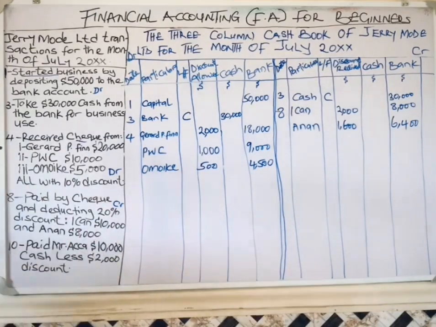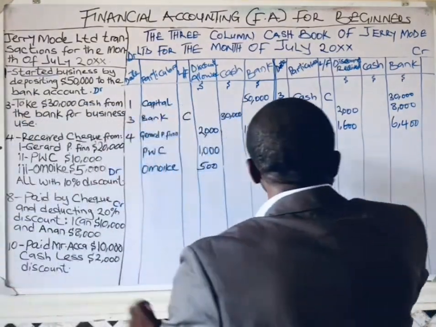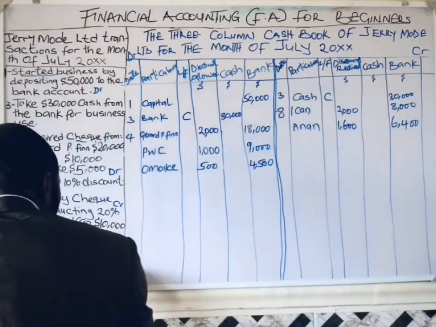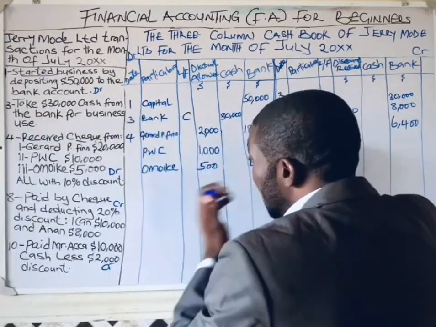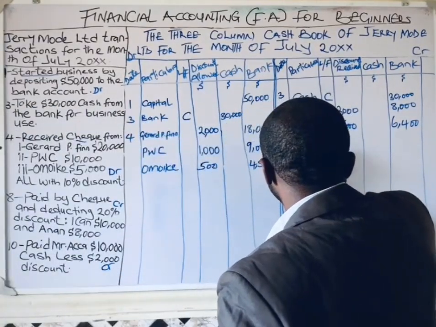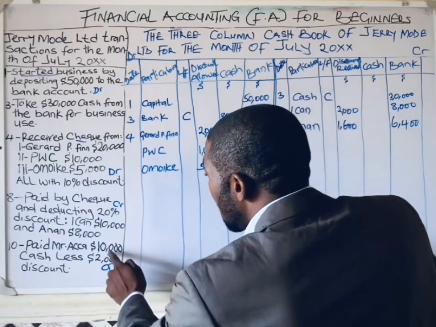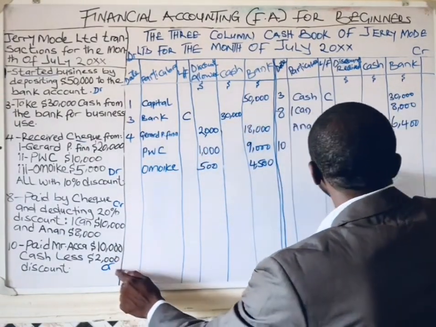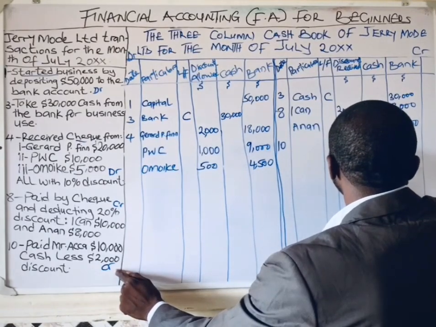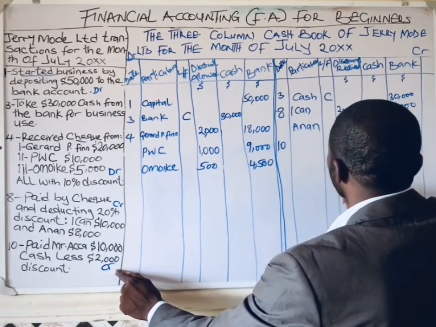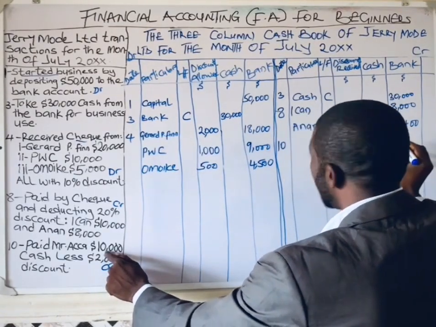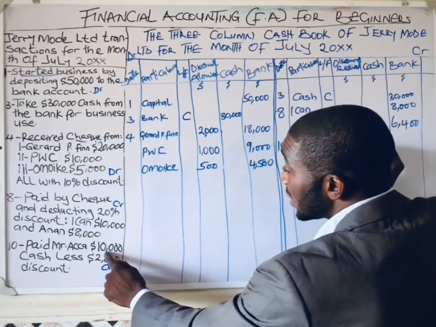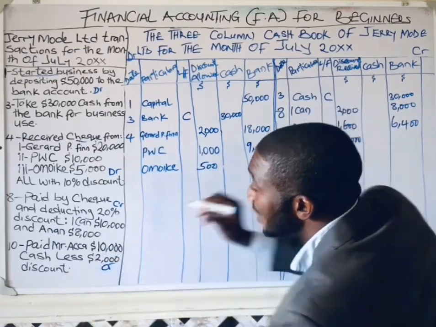You will say we are paying, so it's credit. This is a credit transaction. So on the 10th of July, we're supposed to pay $10,000, but we are receiving $2,000 as discount. And now we are paying $8,000, and it is cash.